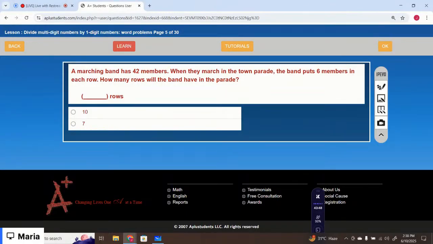How many rows will the band have in the parade? 42 divided by 6 is 6 times what number is 42? 6 times 7 is 42. The correct option is 7.